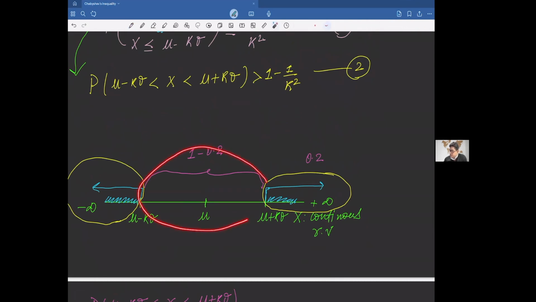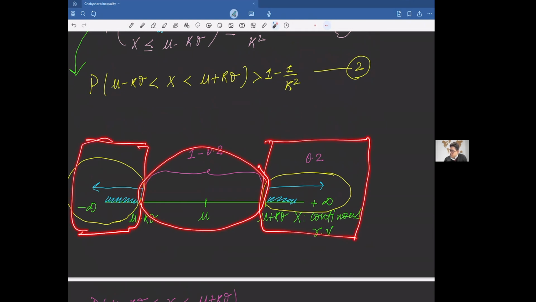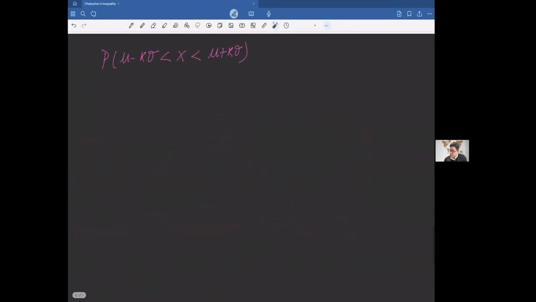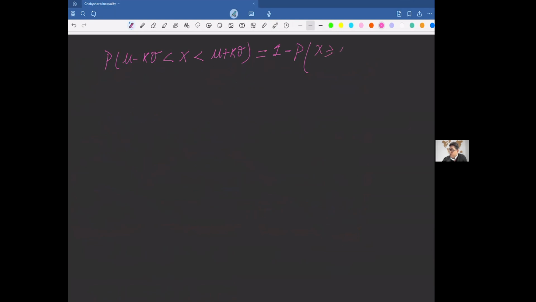This should be 1 minus the probability of x lying in this region and this region, so I can write it as equal to 1 minus probability of x greater than equal to mu plus k sigma, or x less than equal to mu minus k sigma.